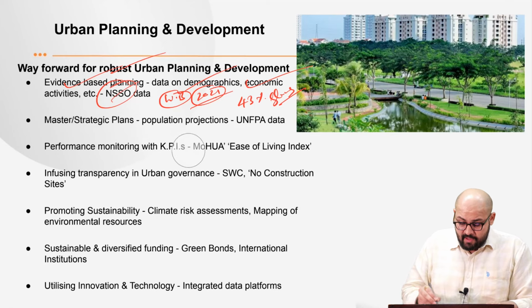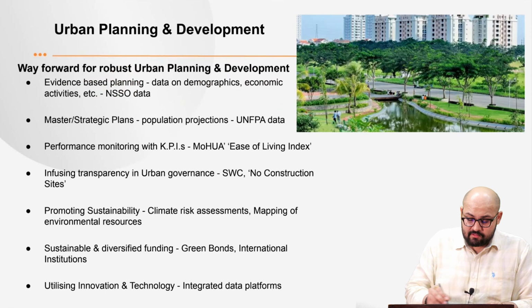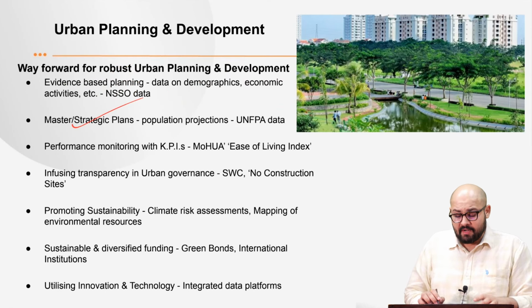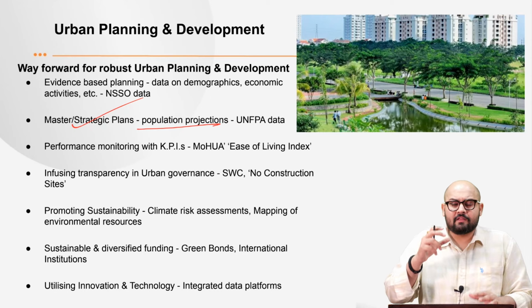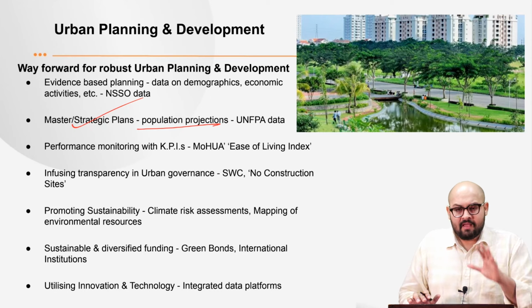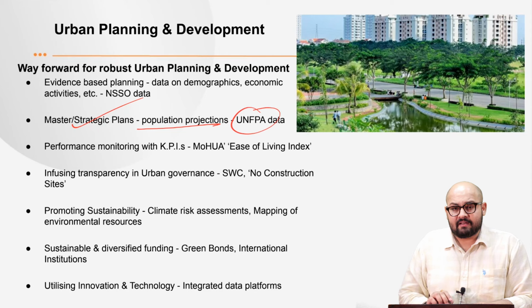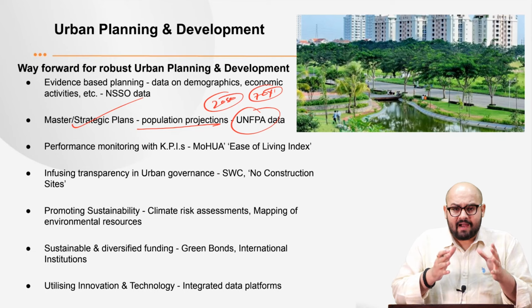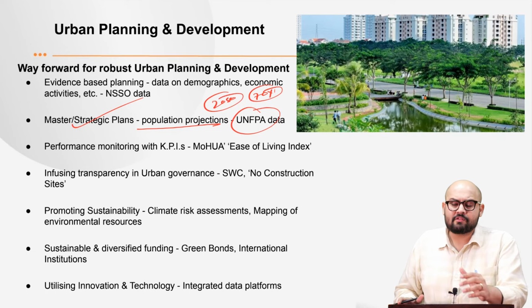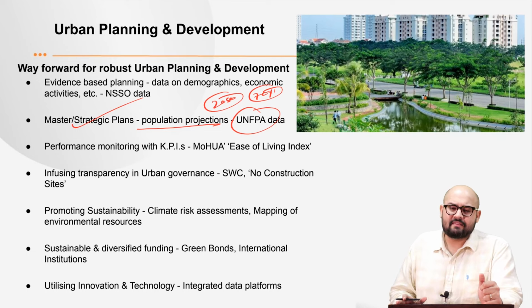Second is that we need to have master plans or strategic plans incorporating population projections, so that proper utilization of resources can take place. If we know that the UNFPA has said that by the year 2050, 70% of India's population would live in urban areas, we need to adequately give resources to the urban areas, right? Prioritize these resources.